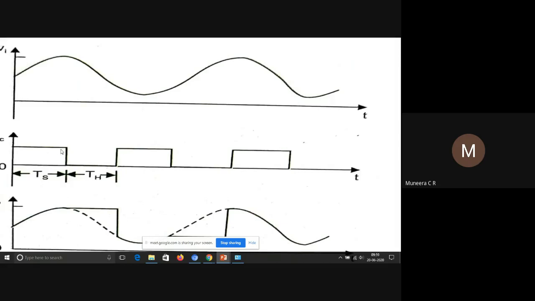During the sampling time, the capacitor charges to the maximum, to this last value, and it will hold that value for the hold time. By this time, the ADC can convert it to the corresponding digital signal.